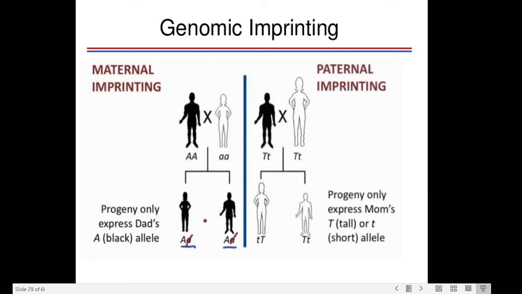They ask many questions about this topic, so please listen. Genome imprinting has two different types: one is maternal imprinting, another is parental imprinting.